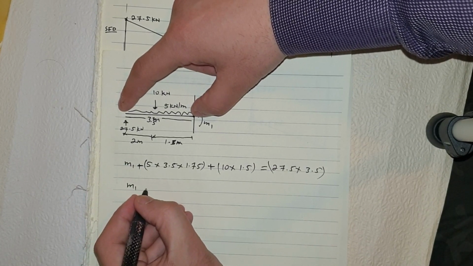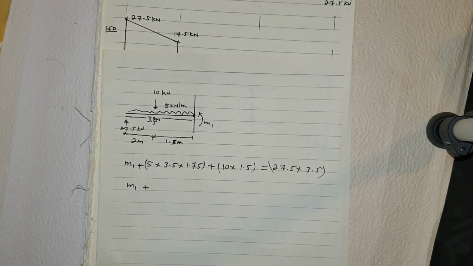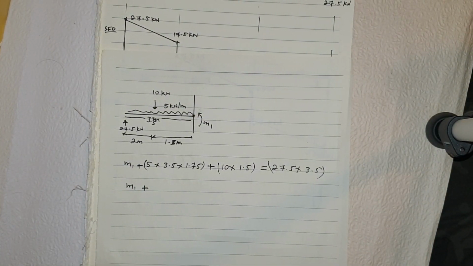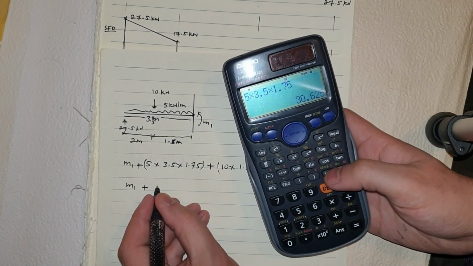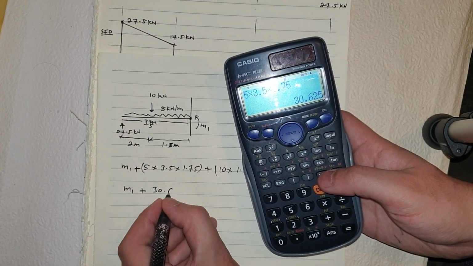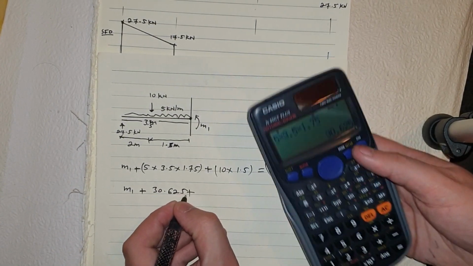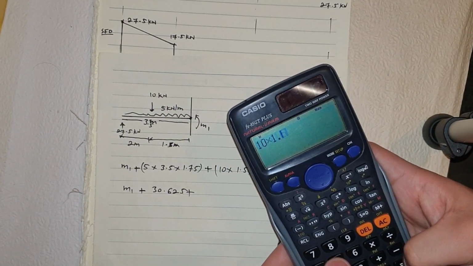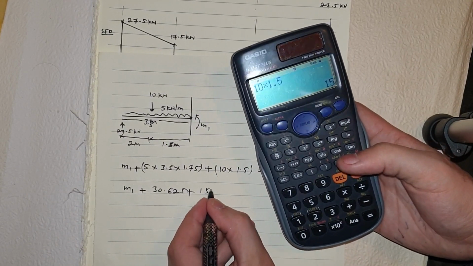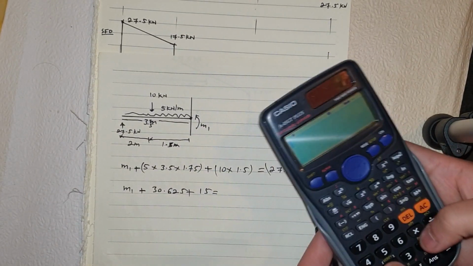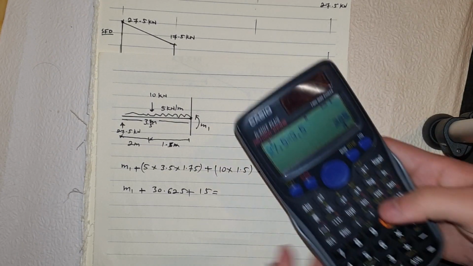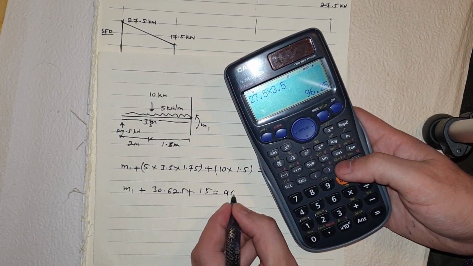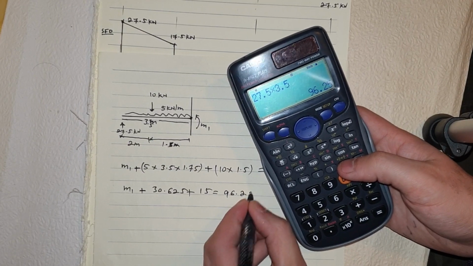So my M1 plus 5 times 3.5 times 1.75, and that will be equal to 30.625, plus 10 times 1.5, it's 15. It will be equal to 27.5 times 3.5, and that will be equal to 96.25.